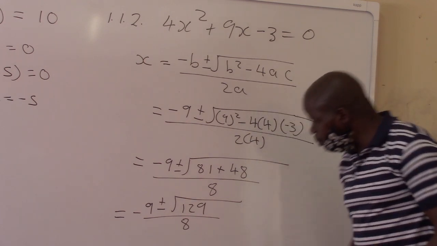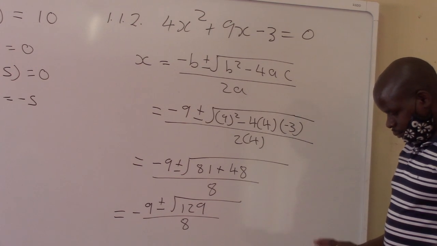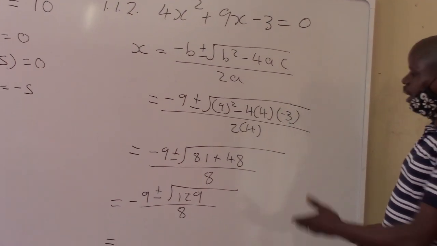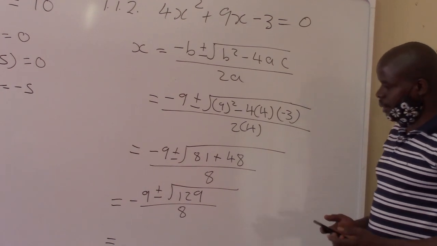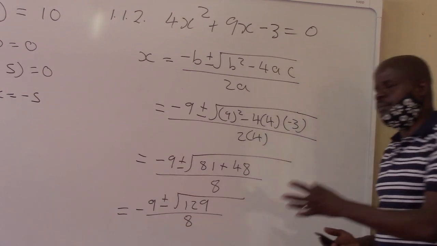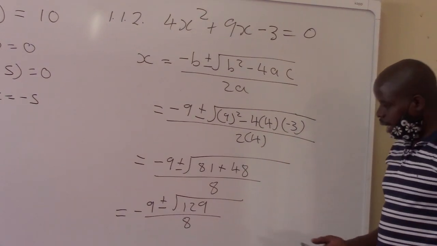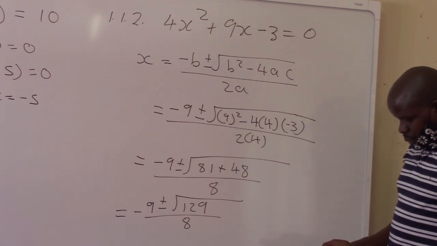So when we use a calculator, a scientific calculator preferably, either Casio or Sharp, you can have it in the natural writing way, and then you get what you want there. So that is what we are going to have.